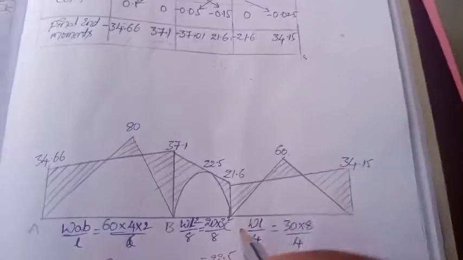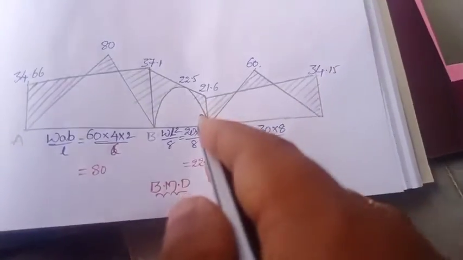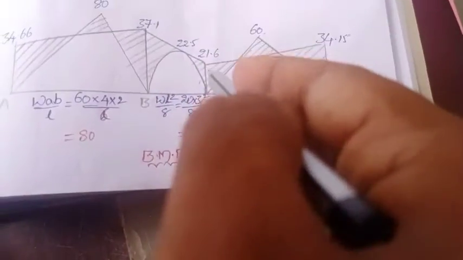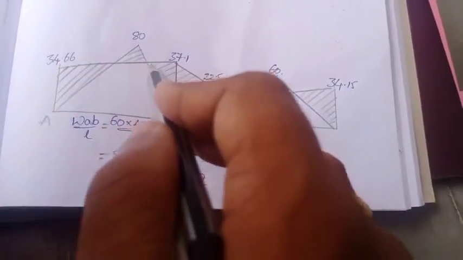Next, the bending moment for CB is 21.6, and for CD is minus 21.6, so we have to take 21.6. Next, the final end moment for DC is 34.5, so we take 34. So draw the line.